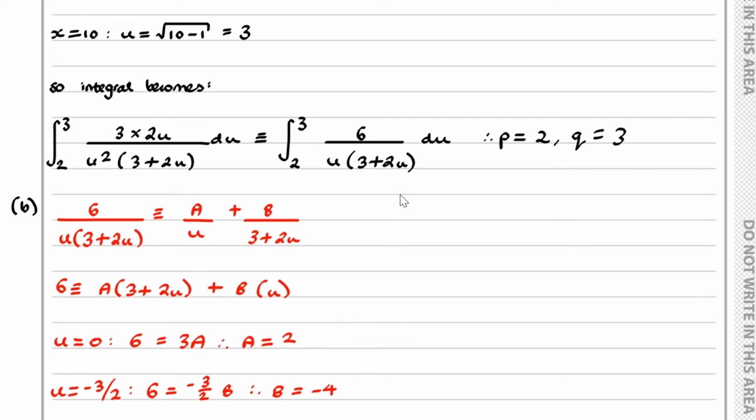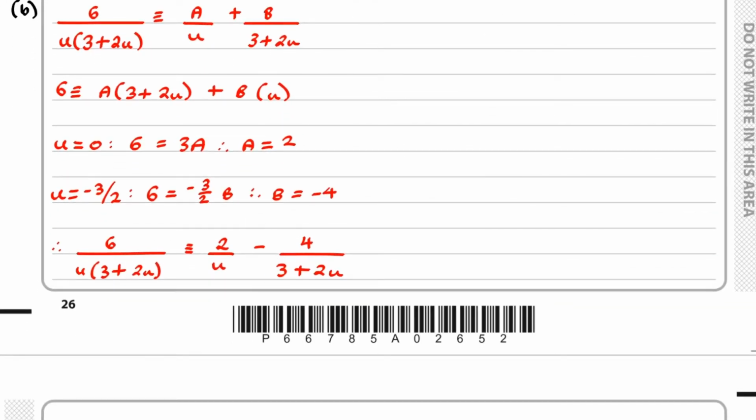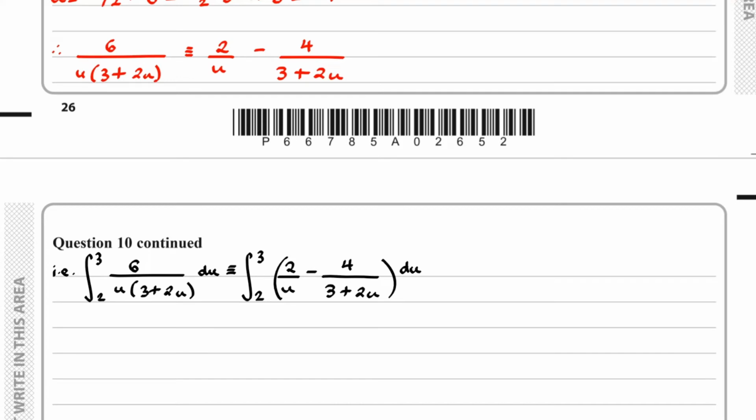And therefore, we can replace this bit with what we have over here. So the integral from 2 to 3 with respect to u of 6 over u lots of 3 plus 2u, that's equivalent to the integral from 2 to 3 with respect to u of 2 over u minus 4 over 3 plus 2u.